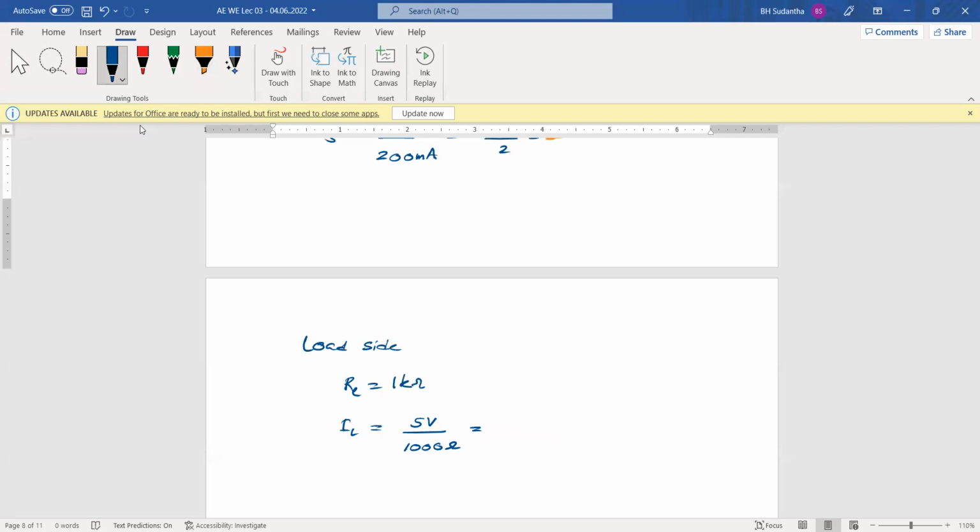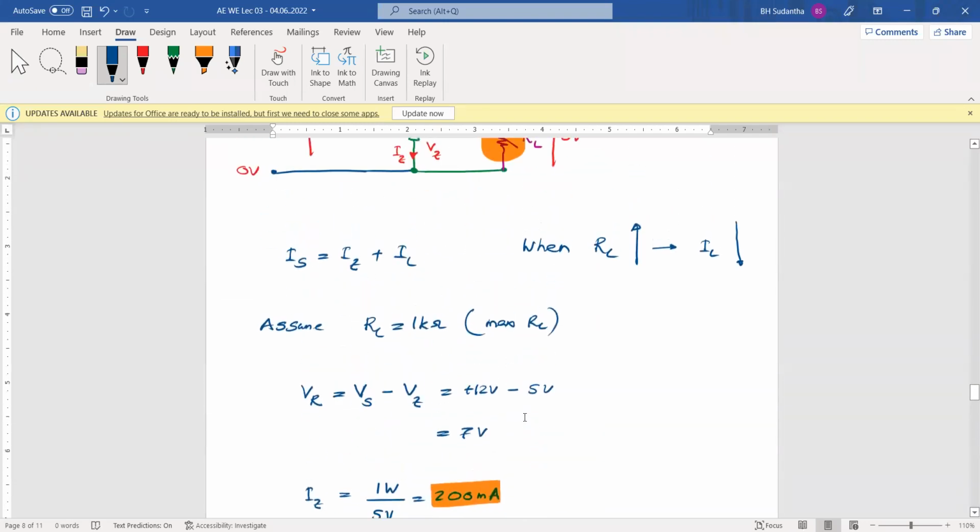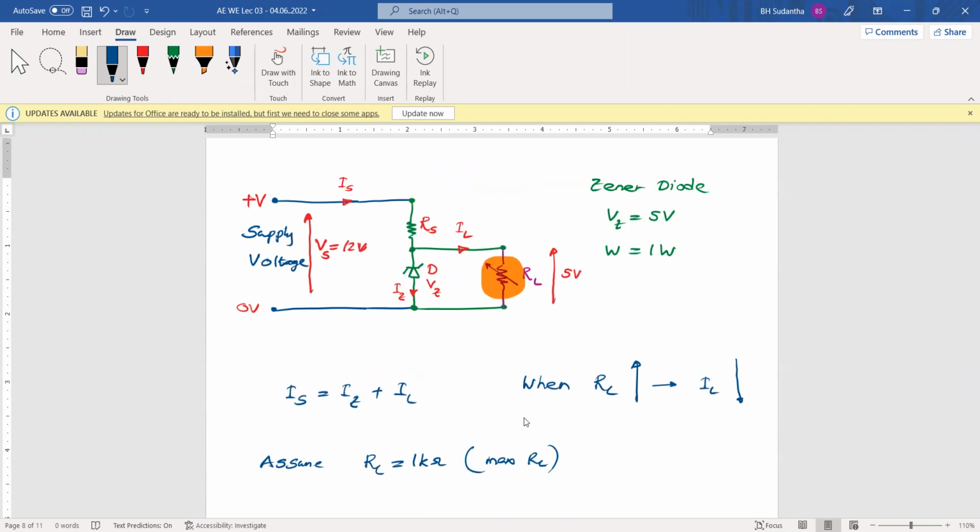How much current can it take? Then it's 5 milliampere. IL will be 5 milliampere. When RL is 1 kilo ohm, IL will be 5 milliampere.